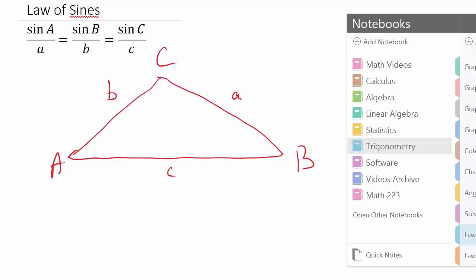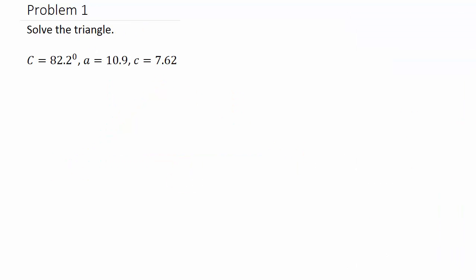Alright, so let's take a look at an example. We want to solve the triangle. We have angle C is 82.2 degrees, side A is 10.9, and side C is 7.62. What I like to do here is make out a table. We'll have a column for our angles and a column for our sides.